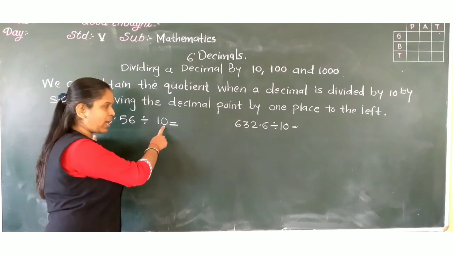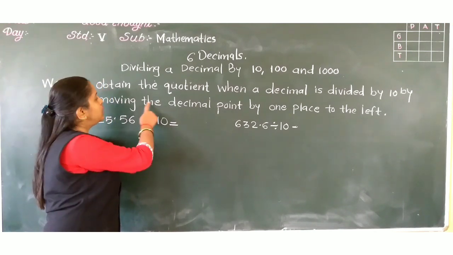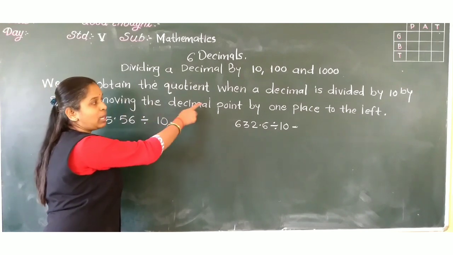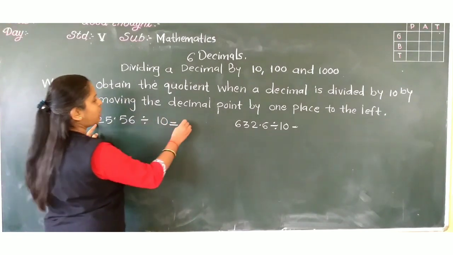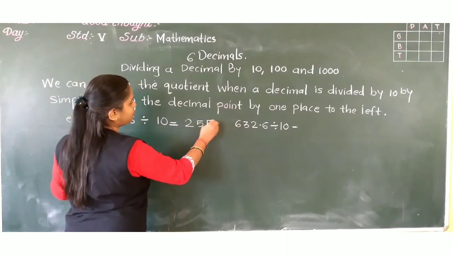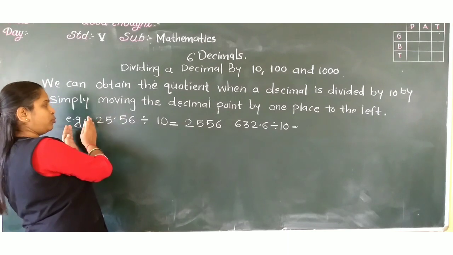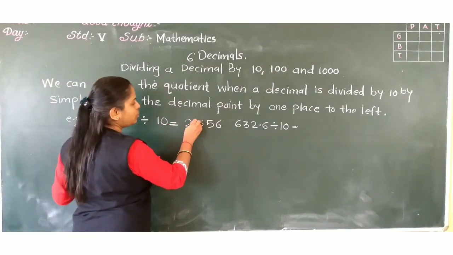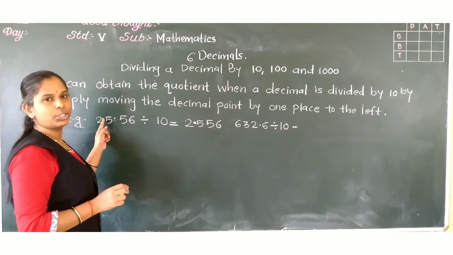So as I am going to divide it by 10, I have to just move the decimal point by one place. That is, write this number as it is, and here is the decimal. So we have to shift it to the left, so it will come to here. Only by one place we have to shift.